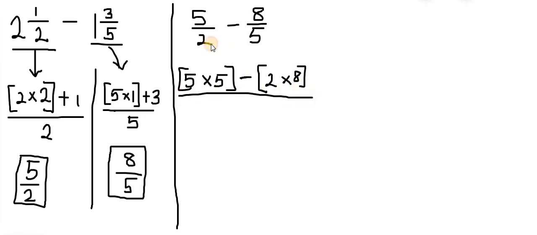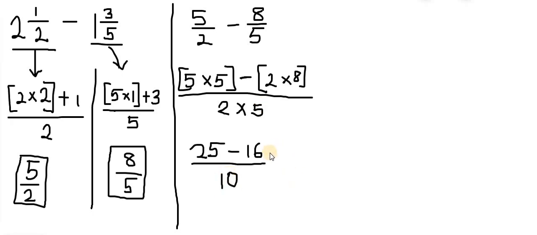All over, we go along, 2 times 5. So 5 times 5 is 25. Minus 2 times 8, so that's 16. All over 2 times 5, which is 10. Now, 25 minus 16, that's a 9 over 10.